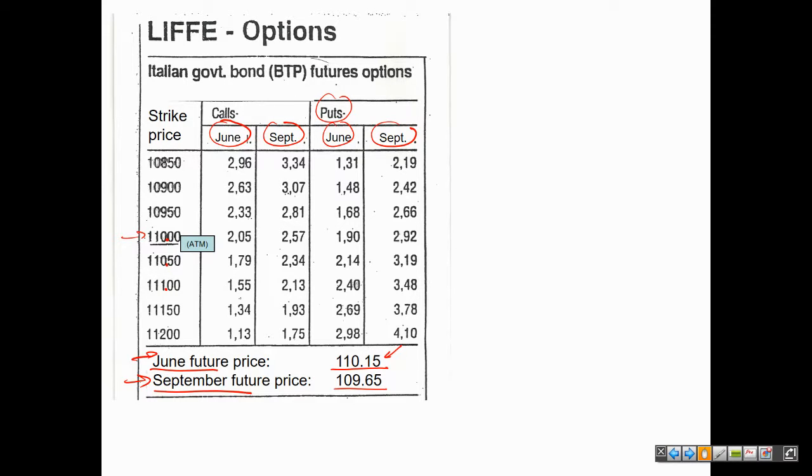Let us imagine you decided to buy the call option strike 109, whose price is 2.63, okay? So what I'm going to consider now is the situation in which you buy the 109 call at a price of 263.